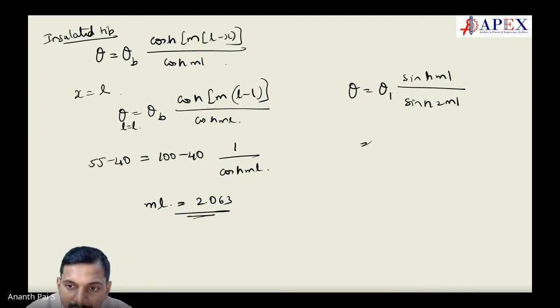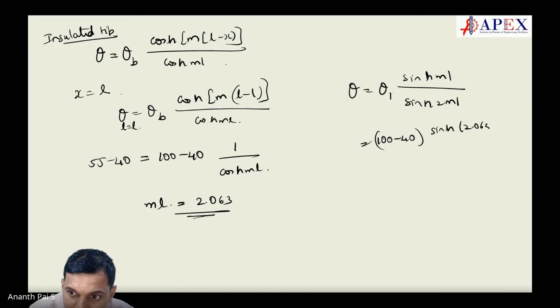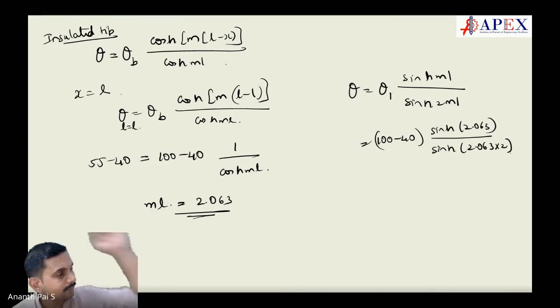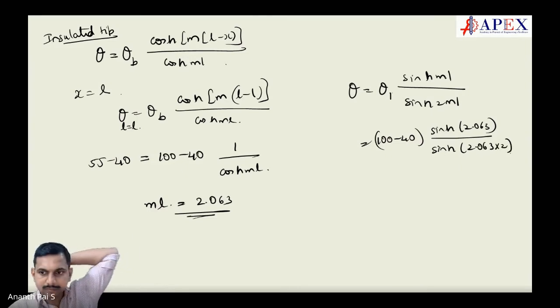So you will get theta 1 is equal to 100 minus 40 into sinh of 2.063 divided by sinh of 2.063 into 2. Top one, 2.